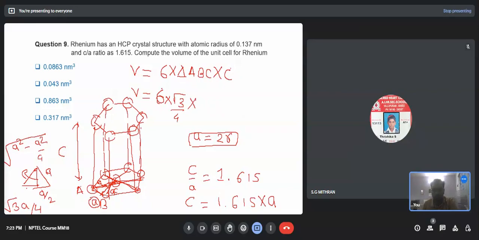And the C value is around 1.615A. Now I'll just erase this part.